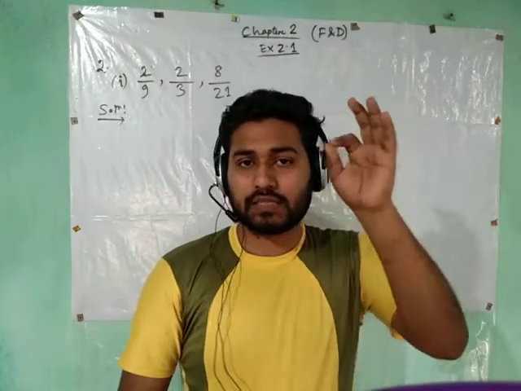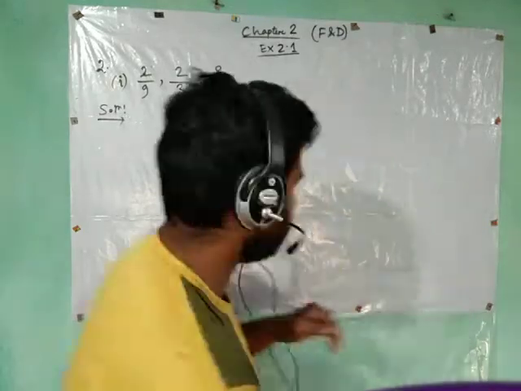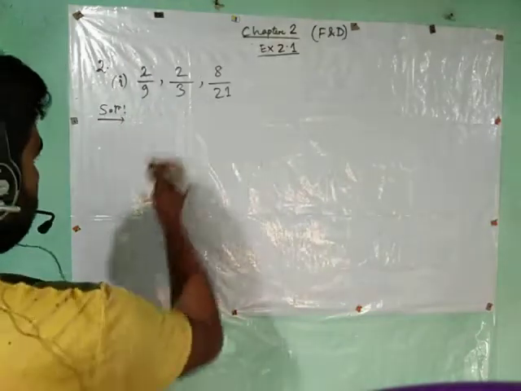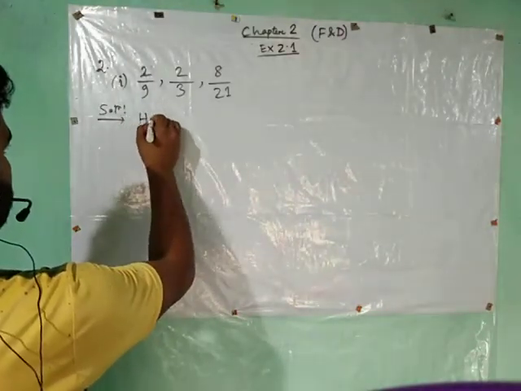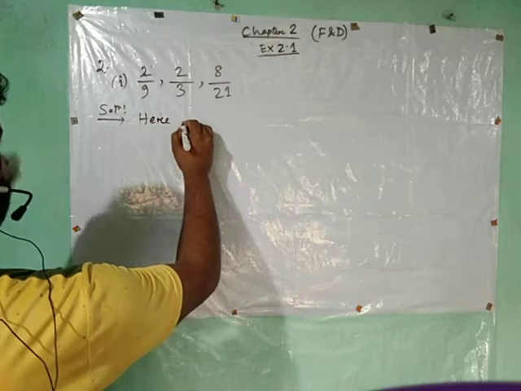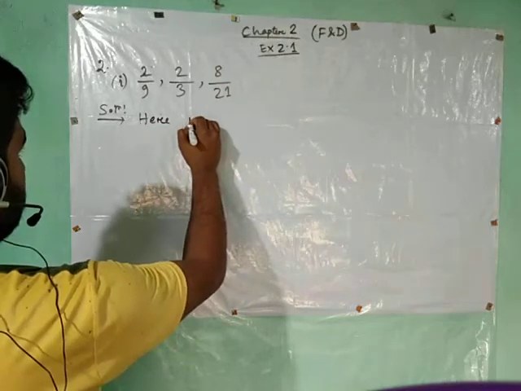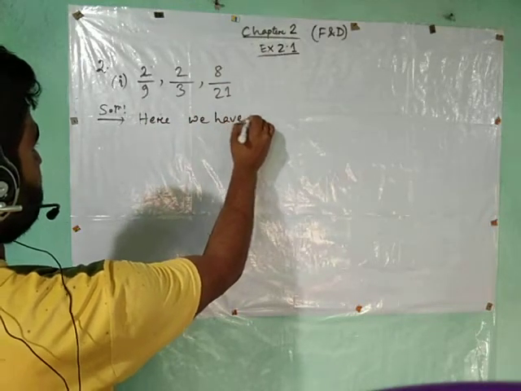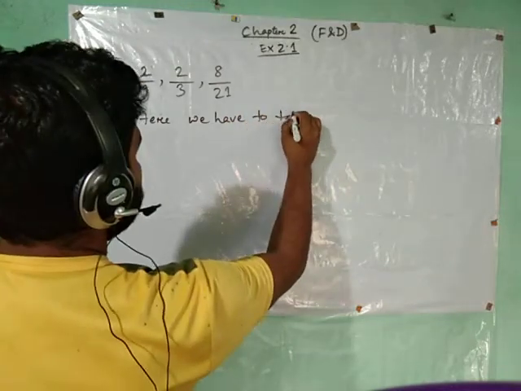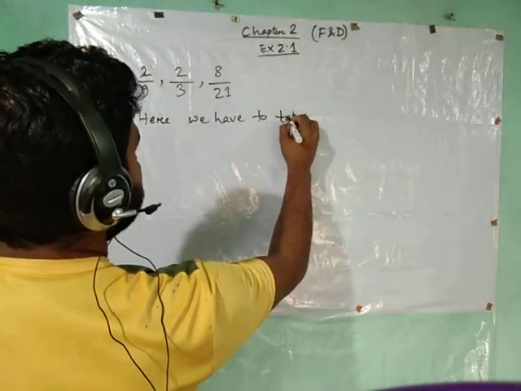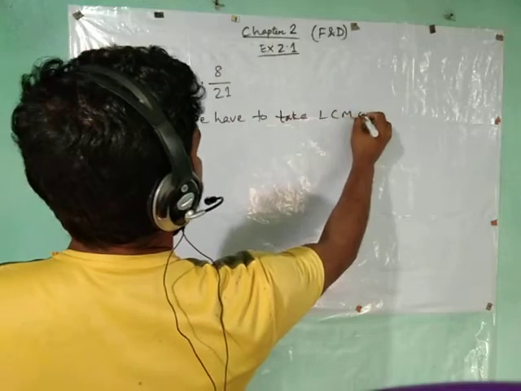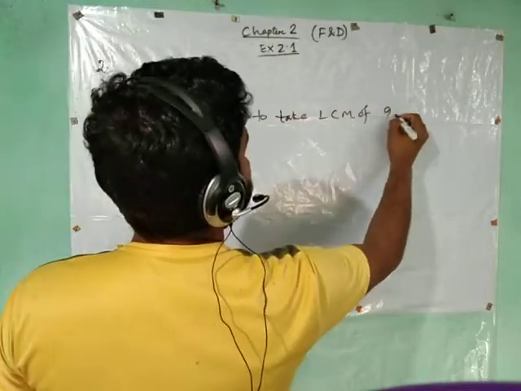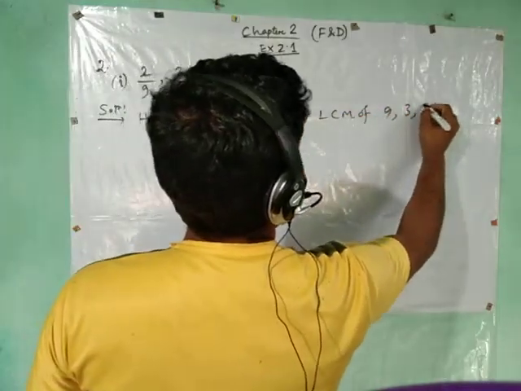So what was the process? The process was taking the LCM first. Let us do it. What are the denominators? Here we have to take the LCM of 9, 3, 21.